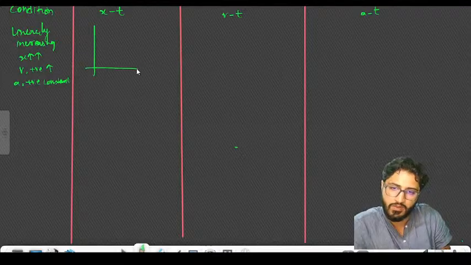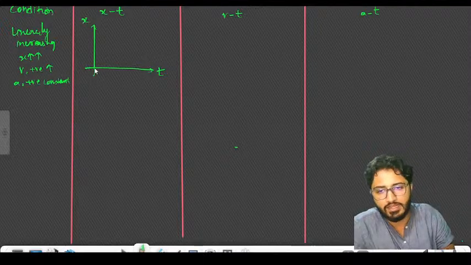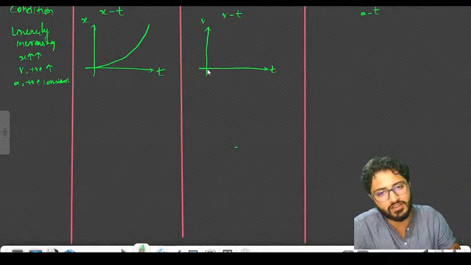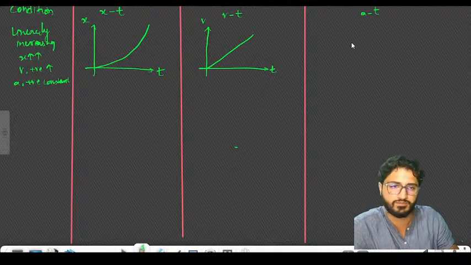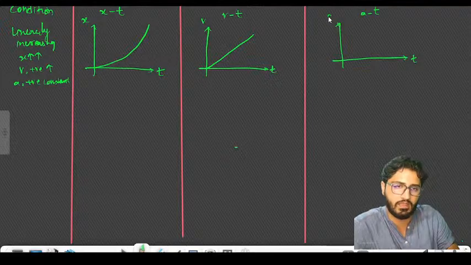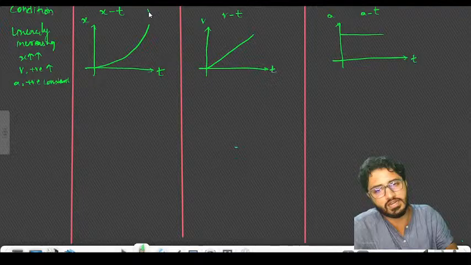Look now, tx linearly increasing means this graph. t v is positive and increasing, the graph will look like this. T and a is positive but constant, that would be like this. So this graph is equal to this graph, and this graph is equal to this graph.